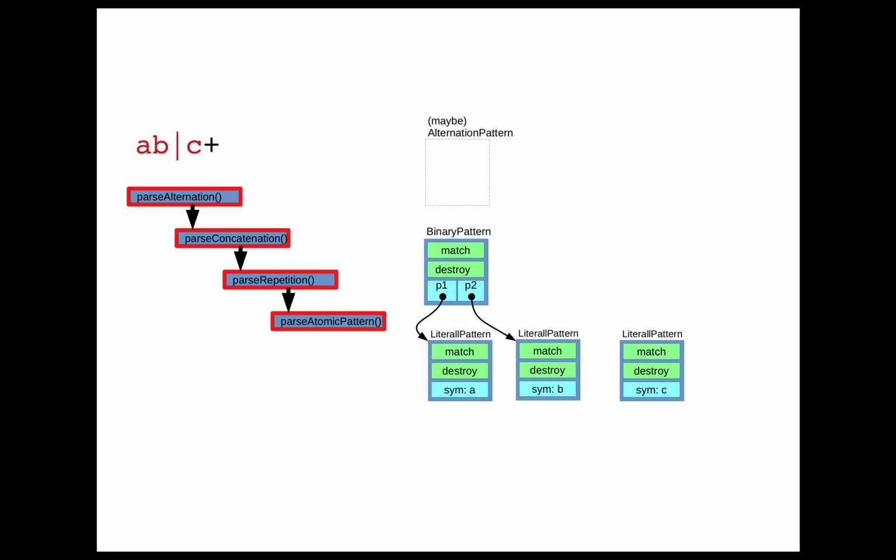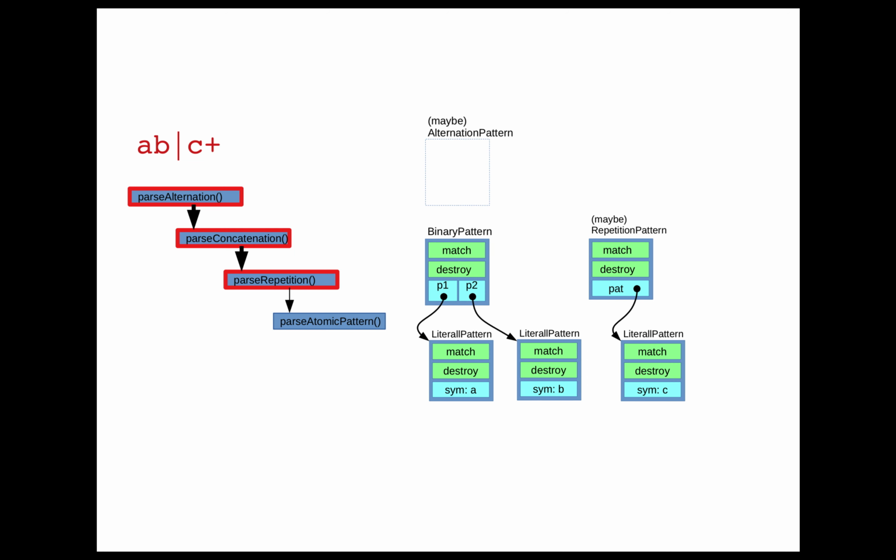Once it's done that, it falls back to parse repetition, and parse repetition notices that whatever pattern just got parsed has a plus after it, and that's one of our repetition characters.